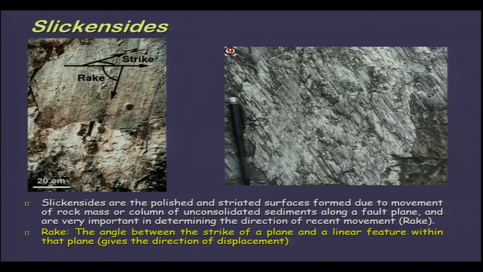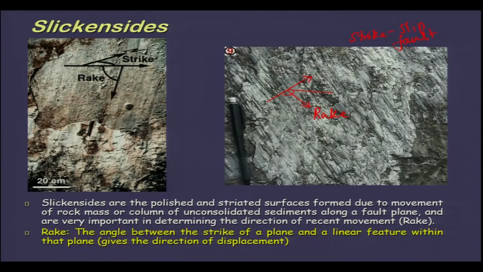For example, you have these striations over here, and this will be the strike, and the amount of dip will be exactly perpendicular. So this will be the amount of dip here, and this will be the movement indicated by the striations. So this will be your rake, and mostly this type of feature is seen when we look at strike slip faults.